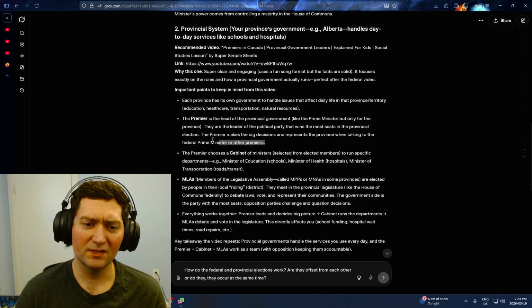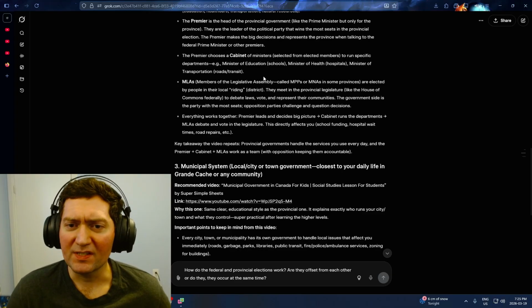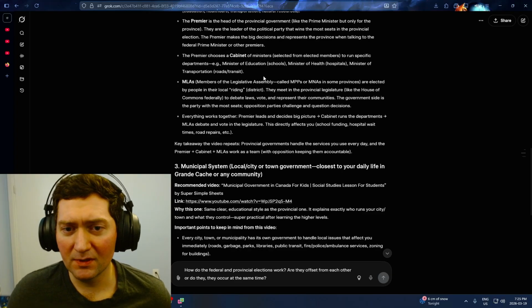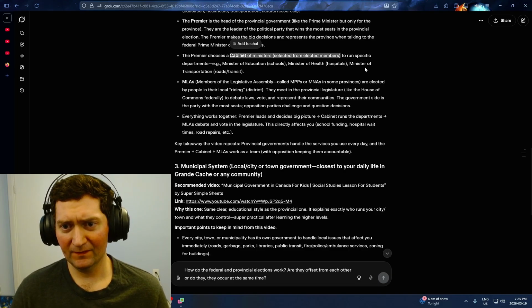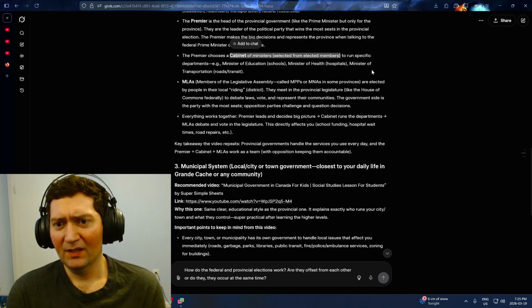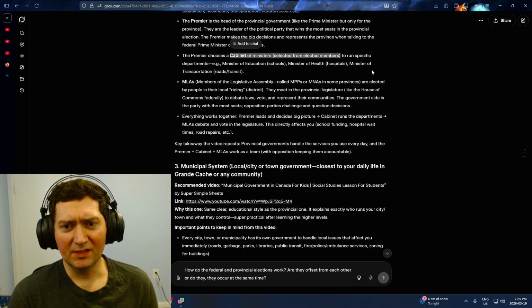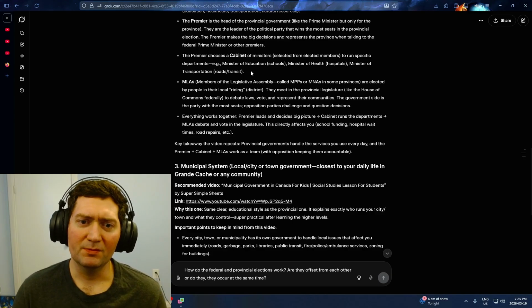Okay, so just like the federal system, the premier chooses a cabinet selected from elected members. Oh, so the cabinet is selected from the other members that were elected into the government to run specific departments, education, healthcare, transportation. Those are probably the big ones if they keep mentioning them.